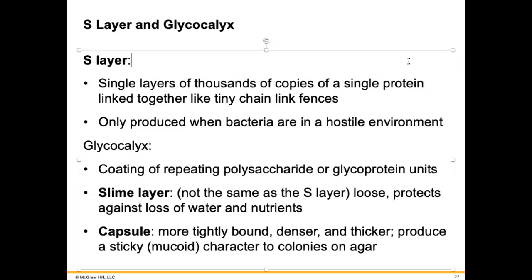If you want to look that up, look up encapsulated bacteria growing on blood agar or MacConkey or something like that.